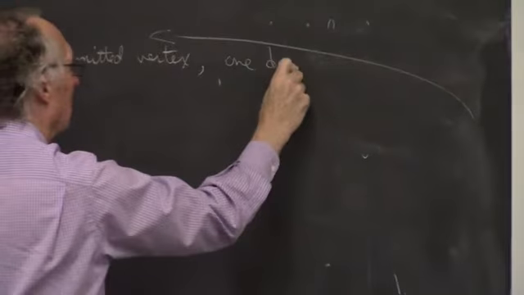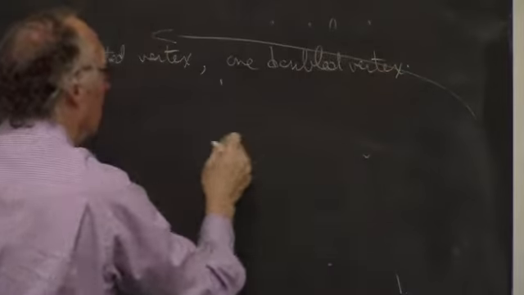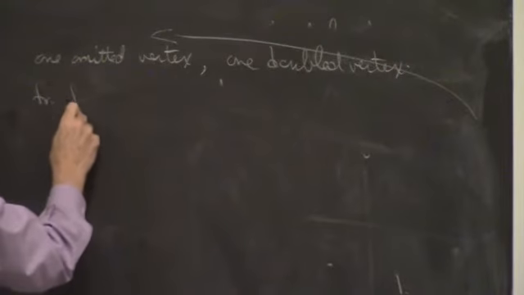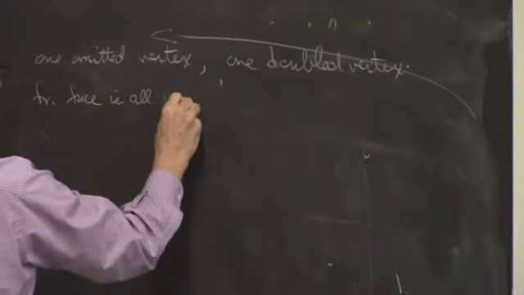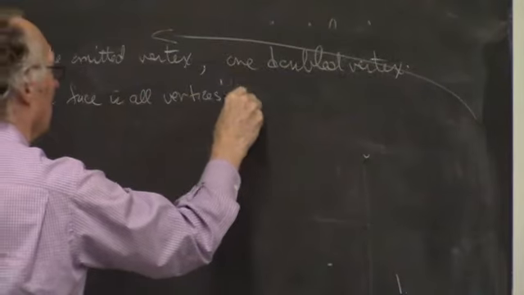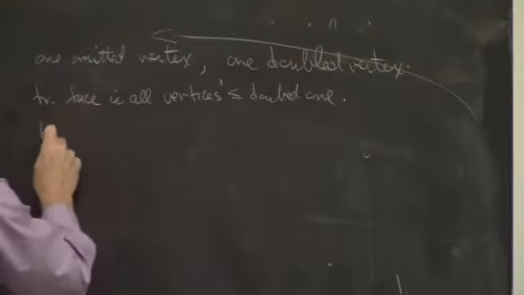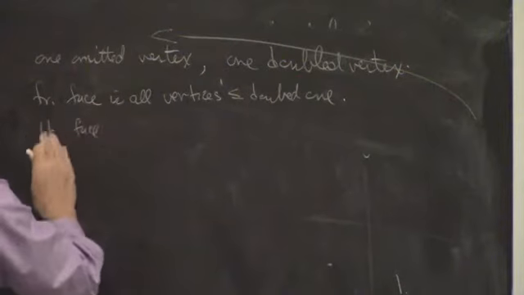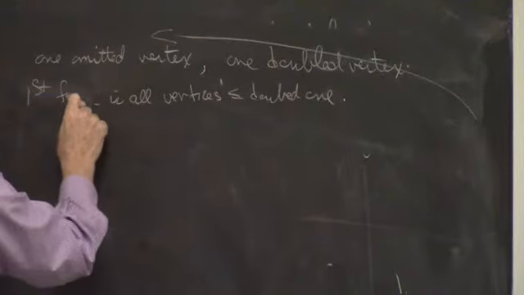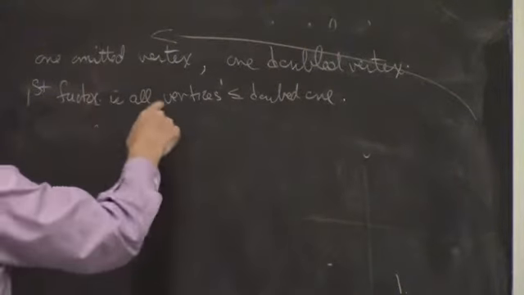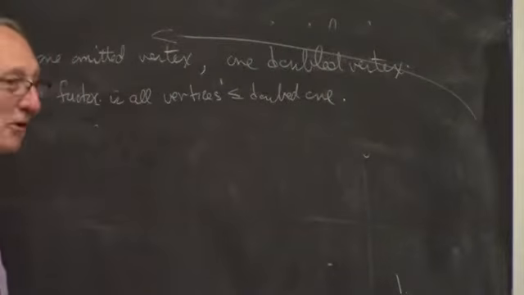one doubled vertex. The front face is all vertices less than or equal to the doubled one, and the back face, I shouldn't say front and back face, I should say the first factor is evaluation on the simplex spanned by all the vertices less than or equal to the doubled one.